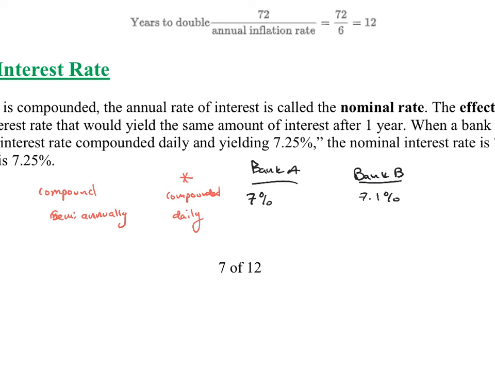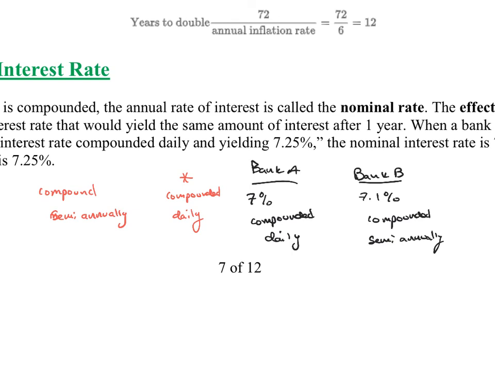But imagine if Bank A said it was compounded daily, and Bank B said that it's compounded semi-annually. What do you choose now? Because if I went off the compound period, I would pick Bank A because it compounds more frequently.